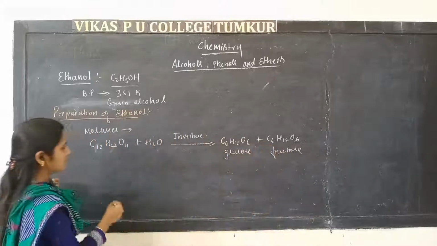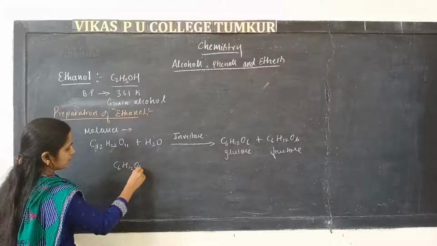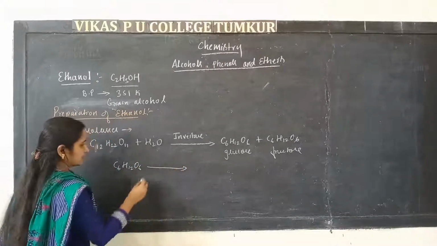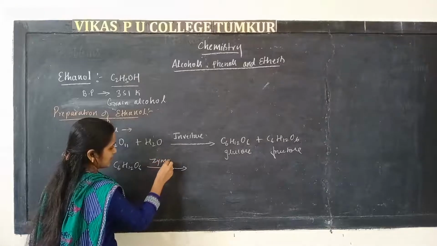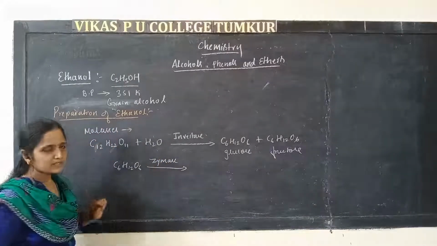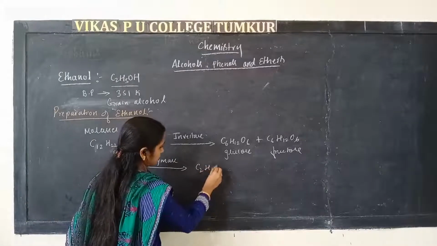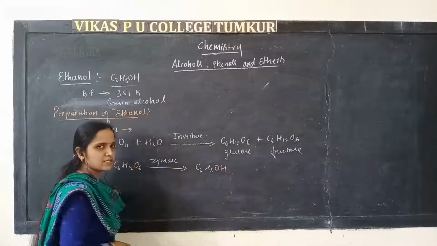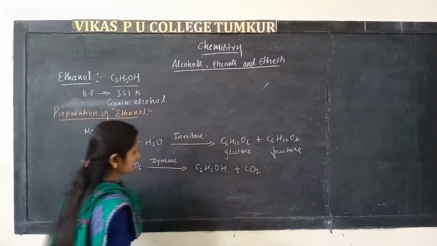This glucose and fructose is converted to ethyl alcohol in the presence of the zymase enzyme. We get ethyl alcohol, C2H5OH, plus carbon dioxide.